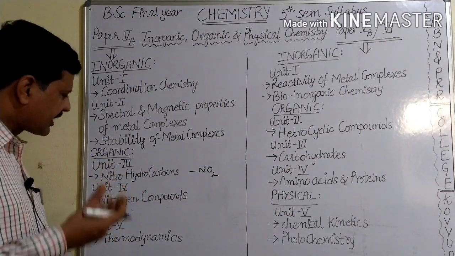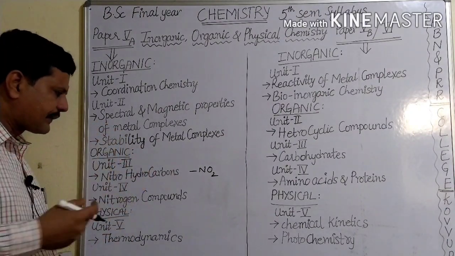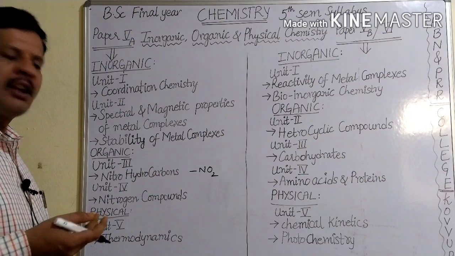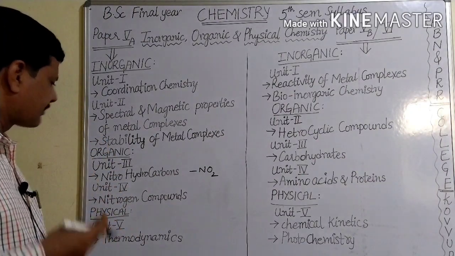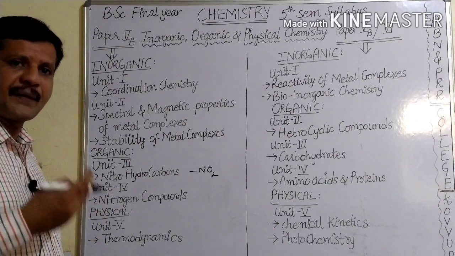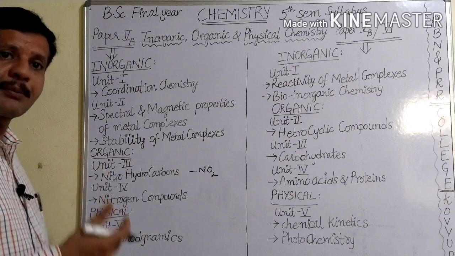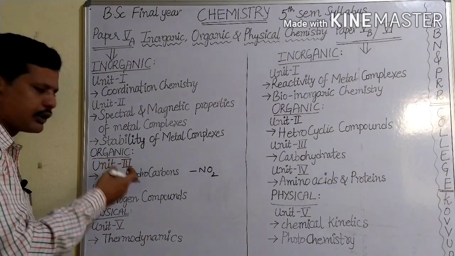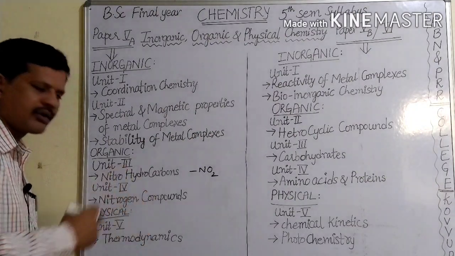We learn about classification of nitrohydrocarbons, their preparations, properties, and mainly some important reactions like Nef reaction, Mannich reaction, Michael addition and reduction types of reactions in this unit. Then come to Unit 4, nitrogen compounds.